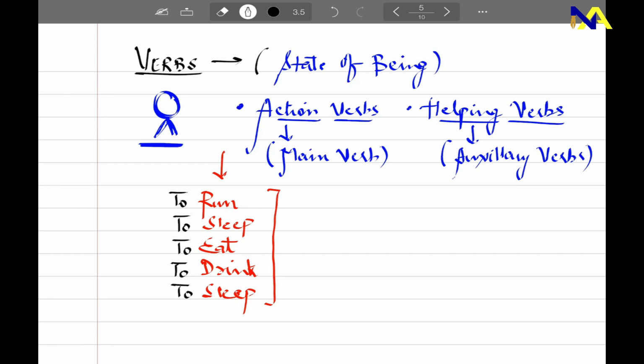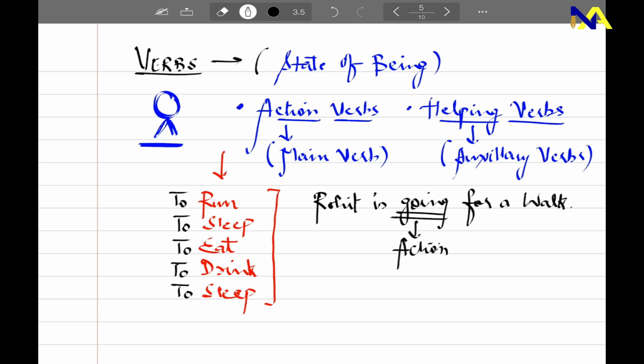Now in a sentence you said Rohit is going for a walk. We understand this part, that here this going, the go plus ing, is denoting his action. But what is this? Is. This is a helping verb.